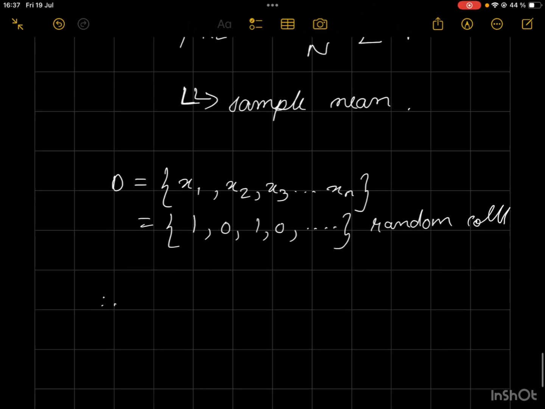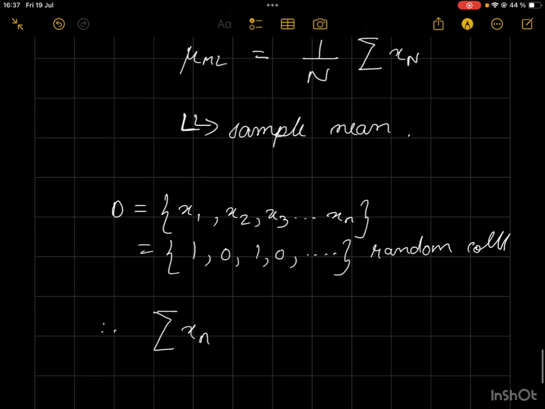Therefore, the summation of x of n across all n is simply the sum of all ones in the sample.